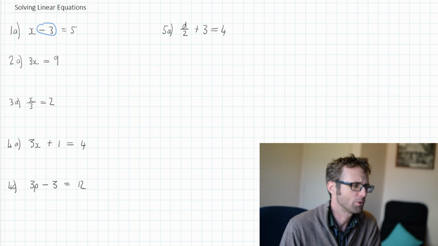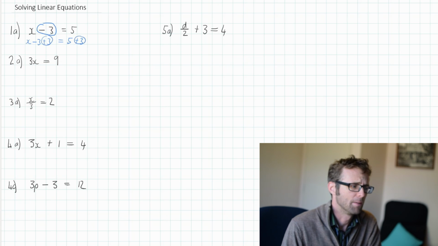So if I add 3 to this first side, it's minus 3 plus 3, I have to add it to the other side. I've done exactly the same thing on both sides. Must do that. Okay, now that leaves me with x is equal to 8, since the negative 3 and the plus 3 on the left hand side cancel out.